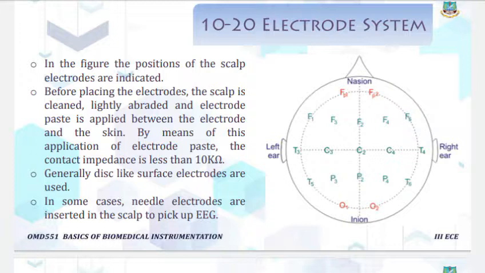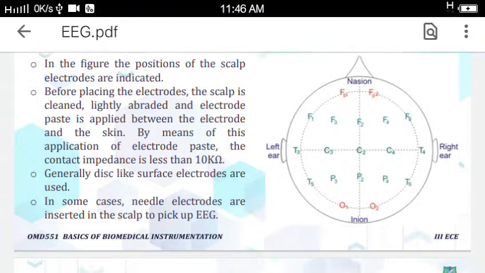Again we have to split it into 10%. We are placing the FP1 electrode. Next, along the 20%, we are placing which electrode? F7 electrode. Then along 20% T3, then T5, then O1.